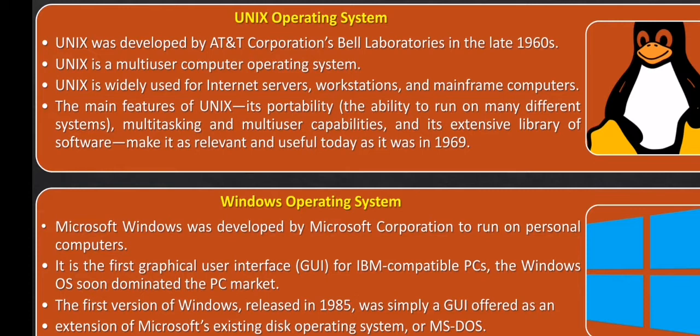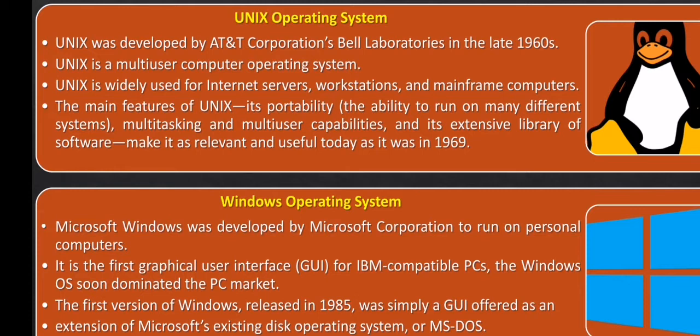Next, let's discuss Windows operating system. Who hasn't heard of Windows nowadays, right? We all know what Windows is. Anyway, Microsoft Windows was developed by Microsoft Corporation to run on personal computers.